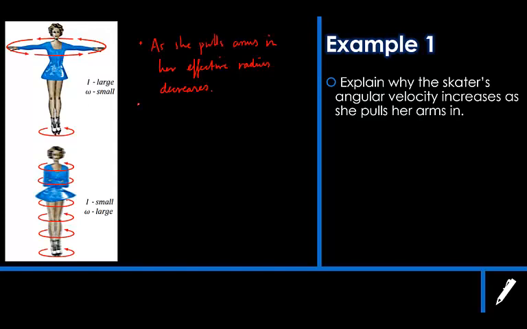And that will lead to her rotational inertia decreasing. So thus, her rotational inertia decreases as I is equal to m times R effective squared.